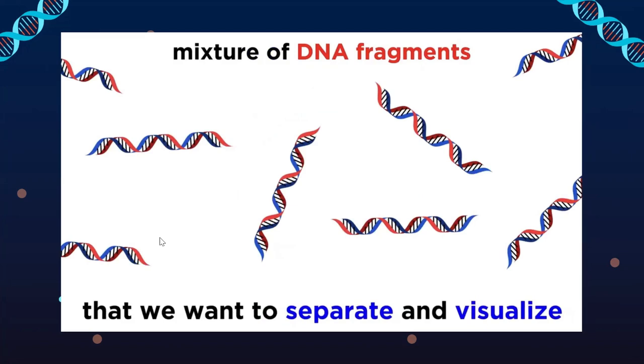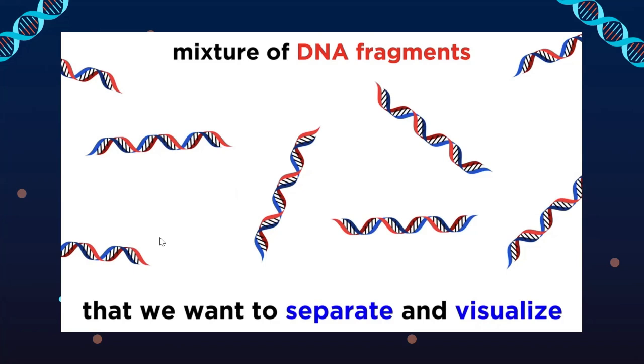Okay? So for example, we have here a mixture of DNA fragments. Of course, kapag sinabi natin mixture of DNA fragments, papasok na dito yung mga different sizes, different structures ng ating DNA fragments. Let's try to imagine a certain classroom na sobrang gulo.